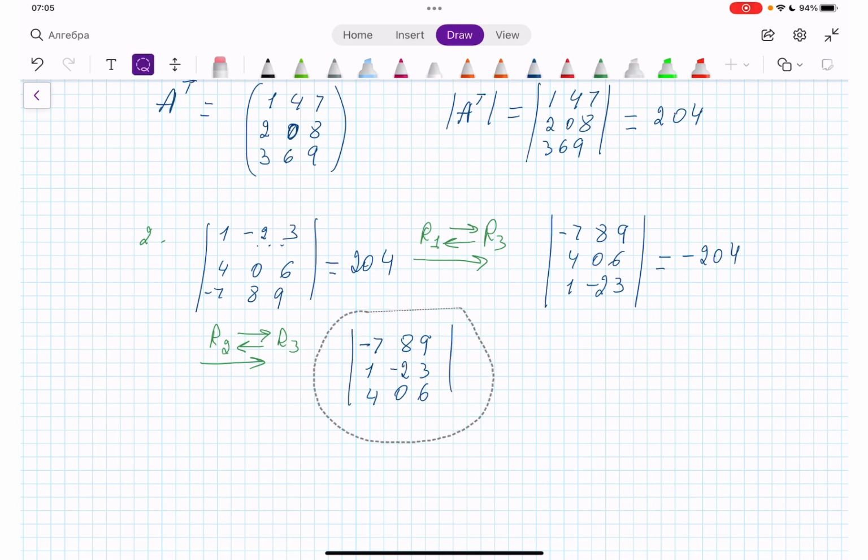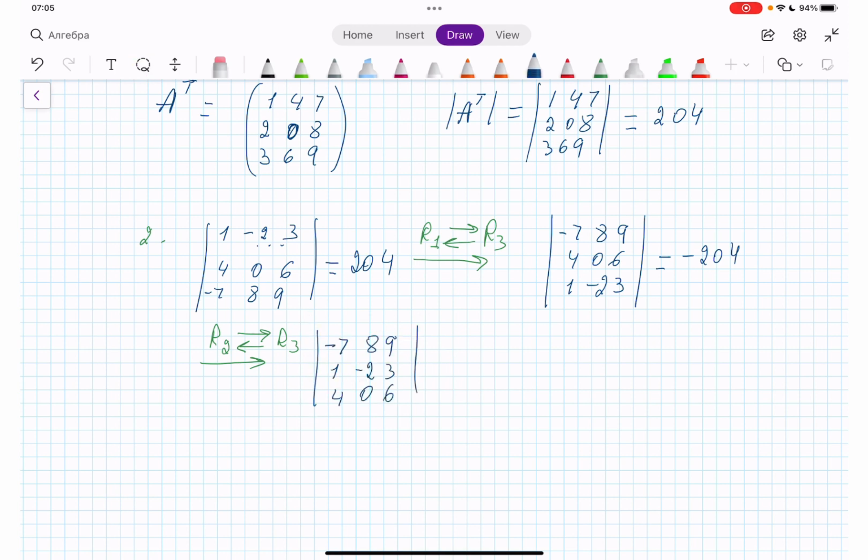If you calculate the determinant, we are going to get positive 204.